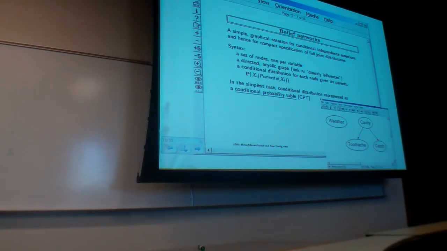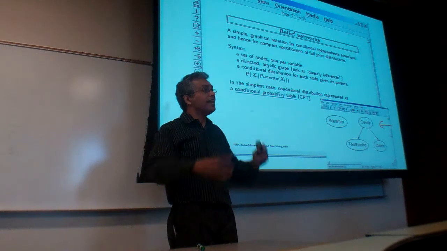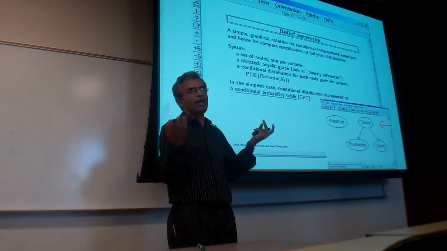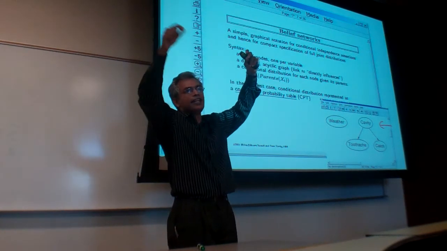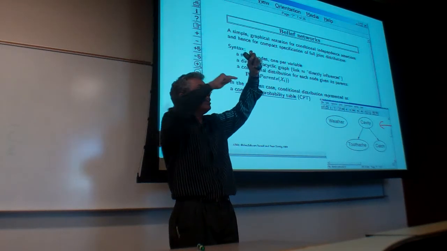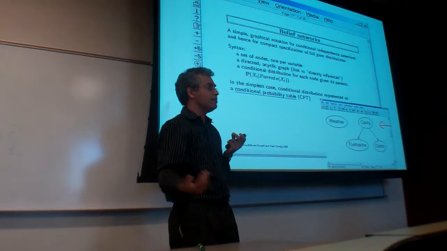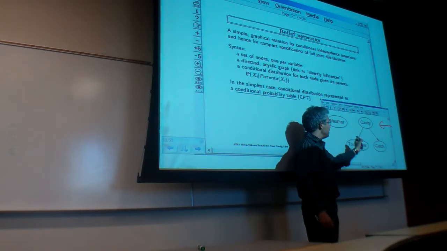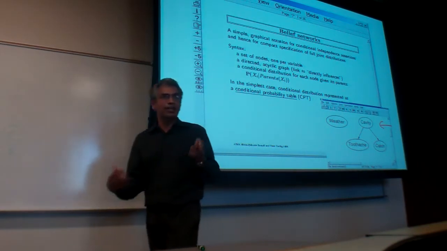As it is given right now, there are no probabilities here, but this is the structure of the network. Just like in constraint graphs, first you give the constraint graph, then you write the constraint on the graph. Remember, you write x is connected to y, z is connected to x, and then you say not equal to, not equal to. That not equal to is the constraint. Similarly, you want to talk about the probabilistic constraints after you have provided the structural information.